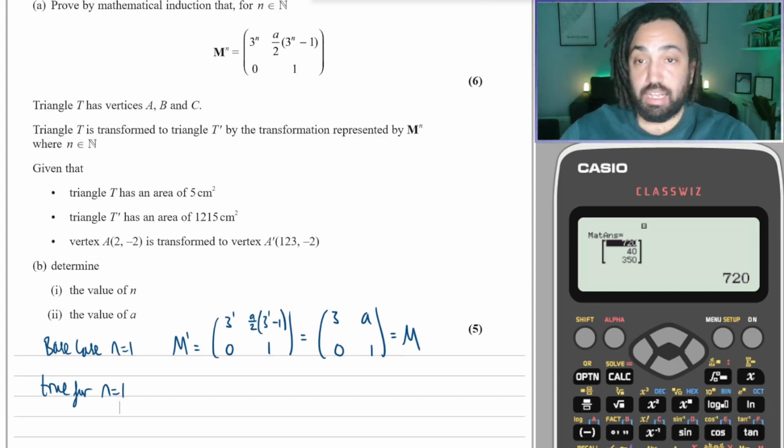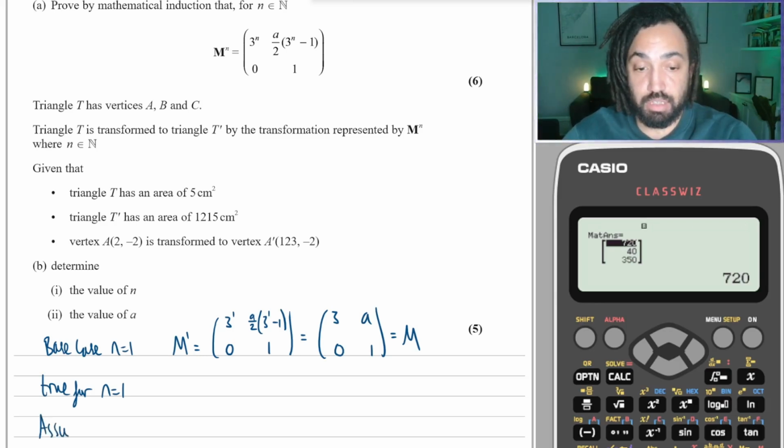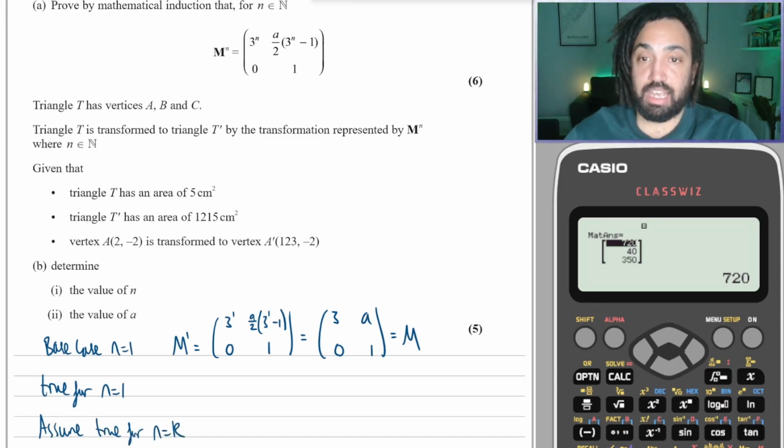Perfect. Okay, and then what we do is we assume true. So we're going to say assume true for n equals k, like such.